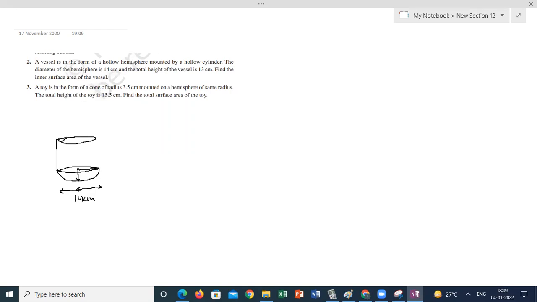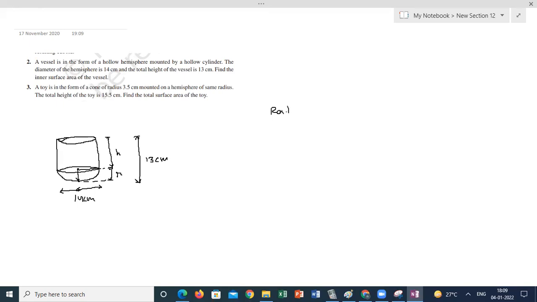This is the radius, and the rest of the height is the height of the cylinder, h. The total height is 13 centimeter.